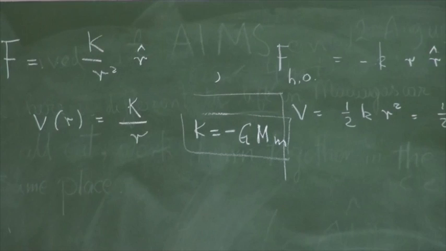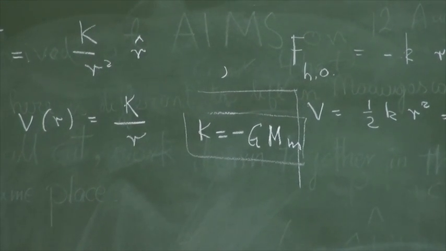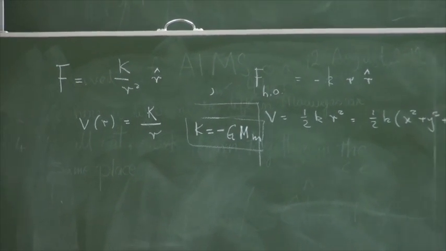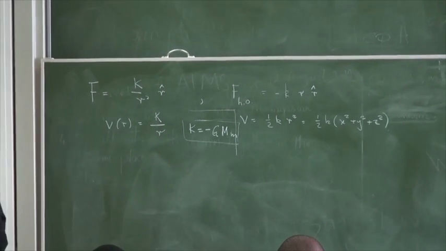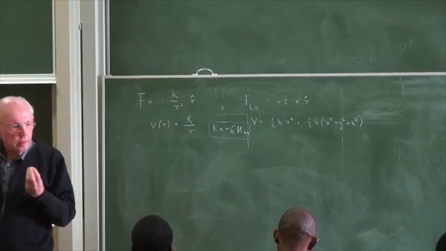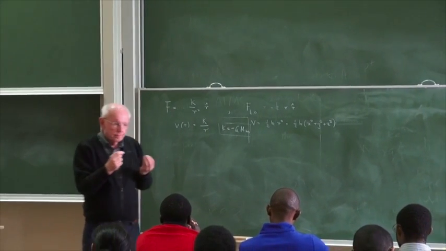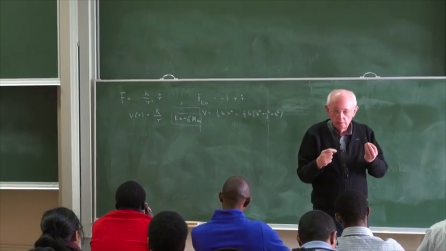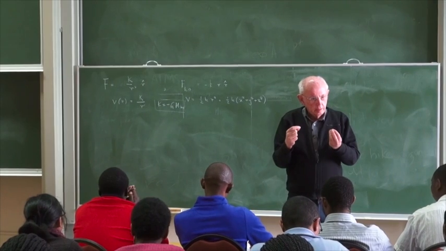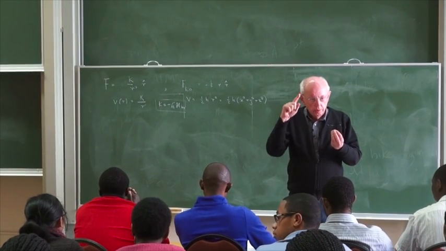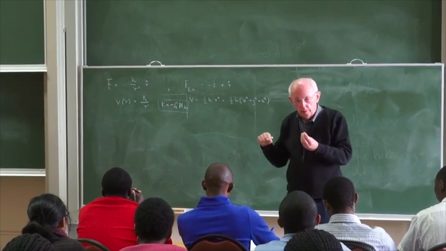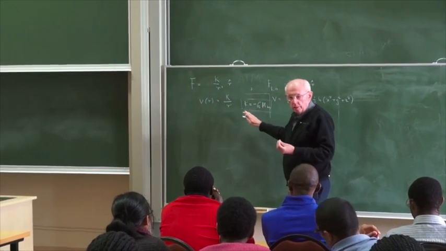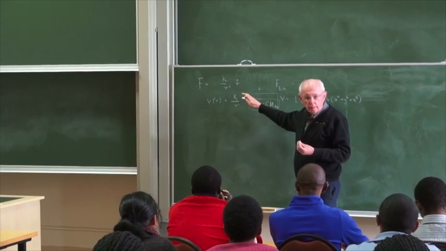By the way, it is the same as the force between an electron and a proton. It has the same force, being a 1 over R squared force, and the only thing that changes is this constant.